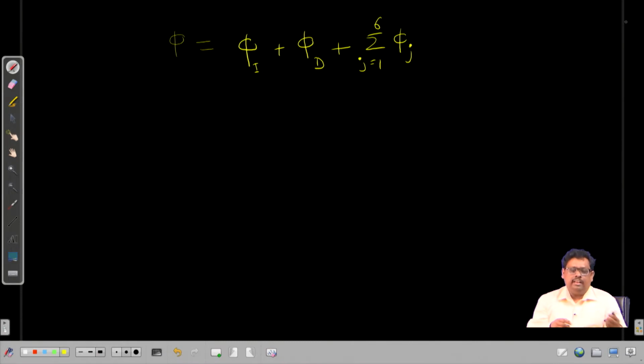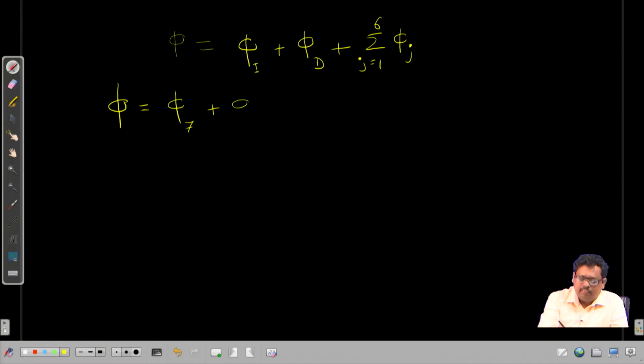Okay. Now, just for the sake of convenience, let us put some numbers to I and d also. So, normally what I do is we can write phi equal to, now instead of phi I we call it phi 7, okay. And instead of phi d we call it phi 0, and then I can add the summation j equal to 1 to 6 of phi j, okay.